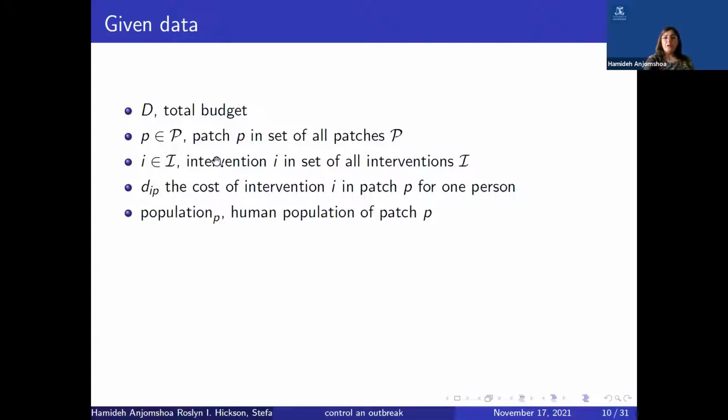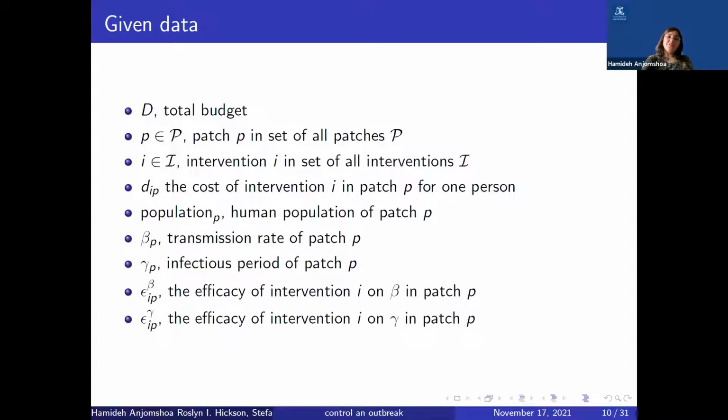We know the number of patches that we have, what kind of interventions we have in each situation, and the cost of each intervention in patch P for one person, which we call DIP here. We also know the population of each patch. These are the input parameters.